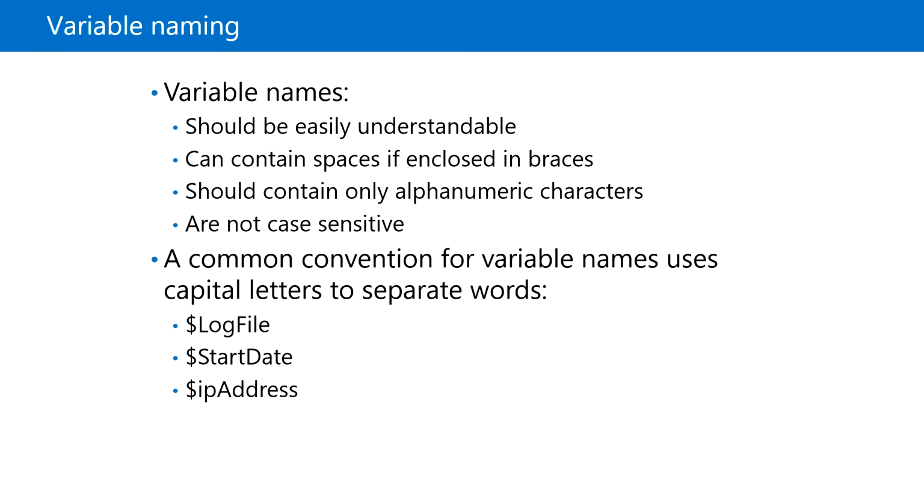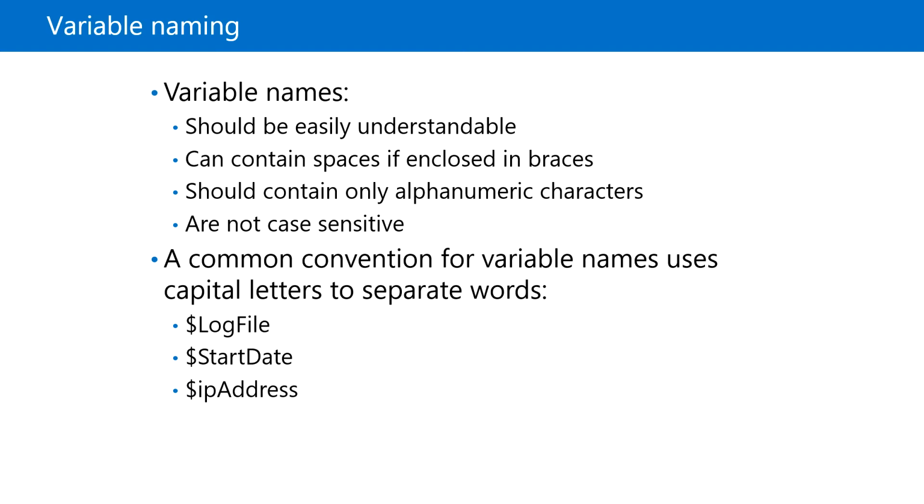In most cases, we see the variable used with the dollar symbol, because the dollar symbol is not part of the variable, but it is the indicator for PowerShell that this is a variable. For example, $user is a variable name.